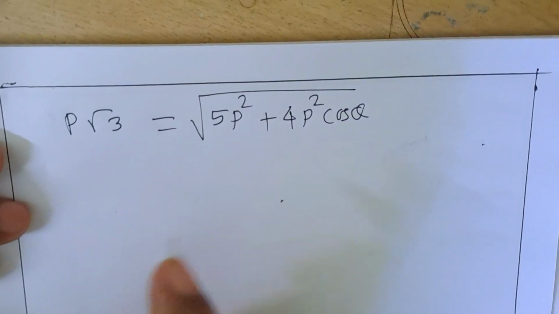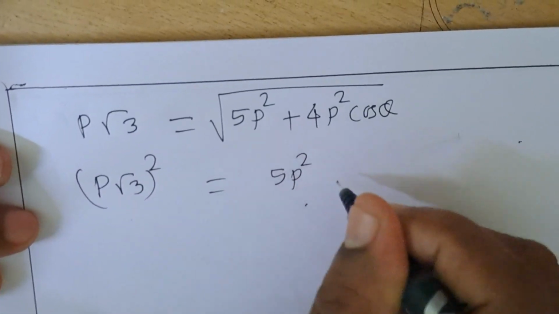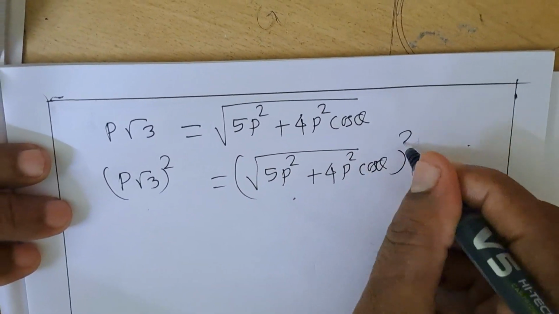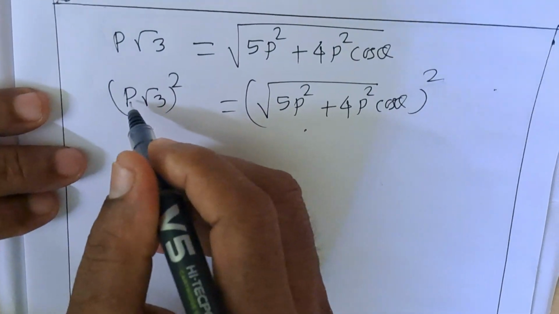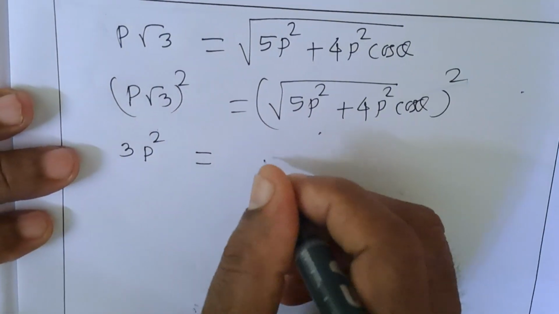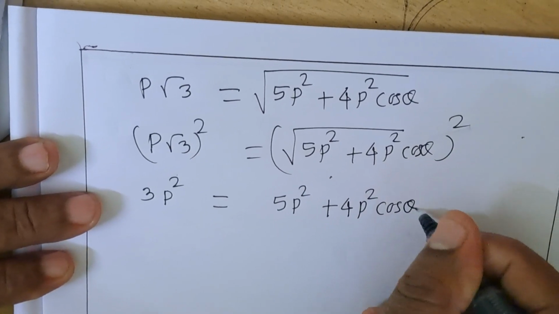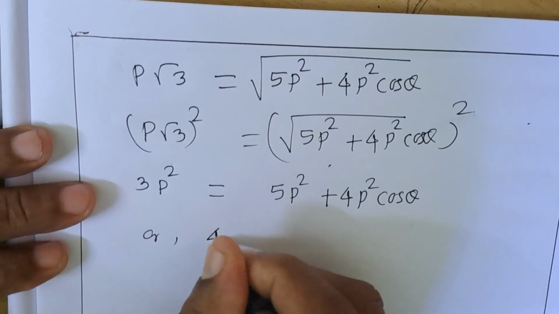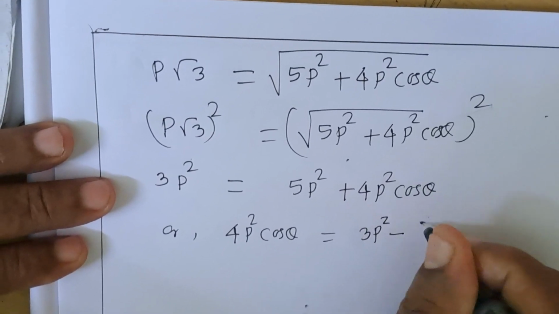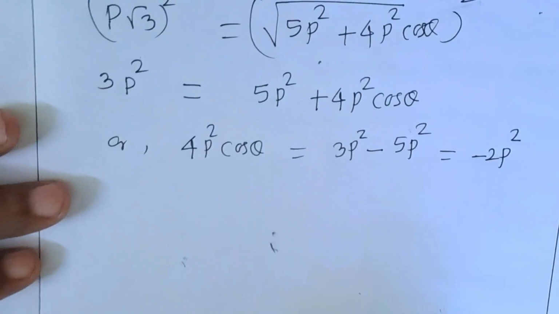Squaring both sides, the square of P root 3 is 3P square, which is equal to 5P square plus 4P square cos theta, or 4P square cos theta is equal to 3P square minus 5P square, which is equal to minus 2P square.